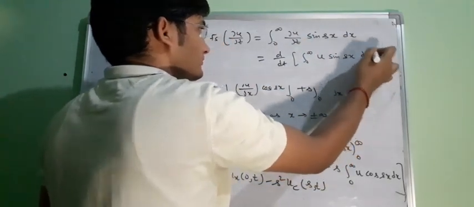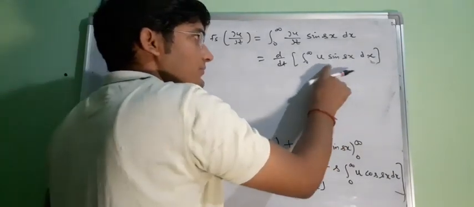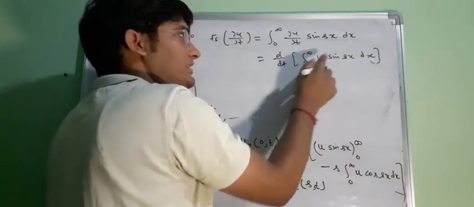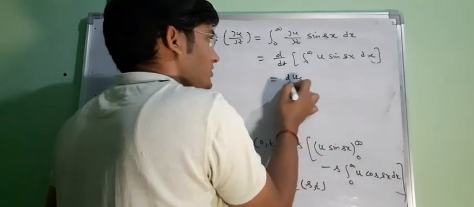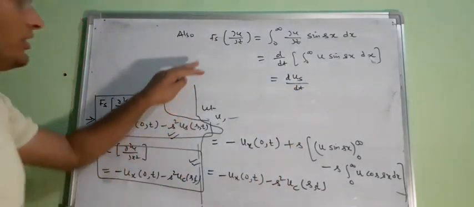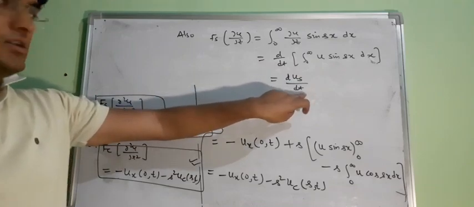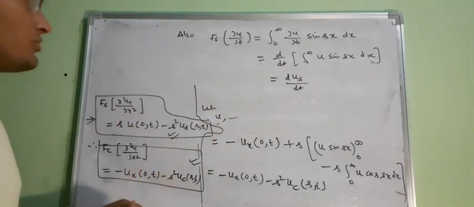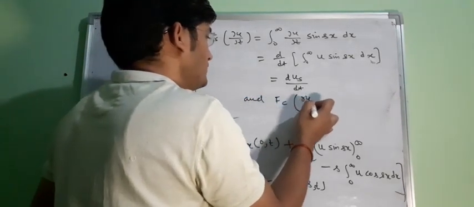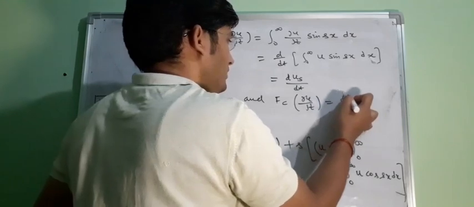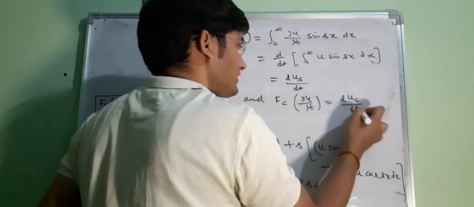Now this bracket is the Fourier sine transformation of u. So the Fourier sine transformation of del u upon del t is the same as dus upon dt, where us means the sine transformation of u, and similarly the Fourier cosine transformation of del u upon del t is equal to duc upon dt, the derivative of the cosine transformation of u with respect to t.